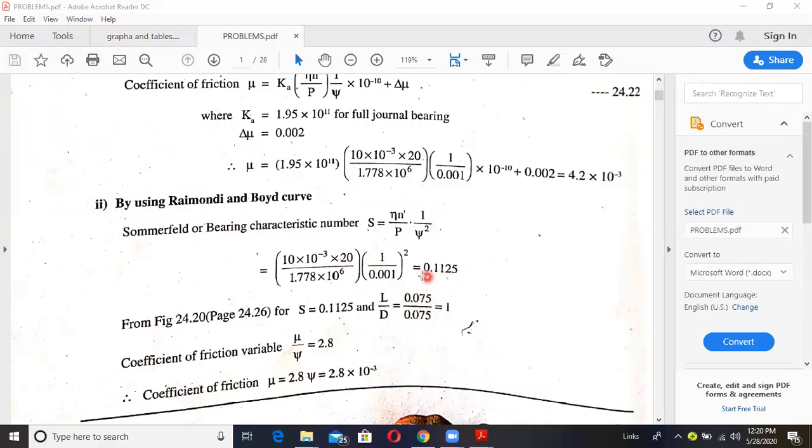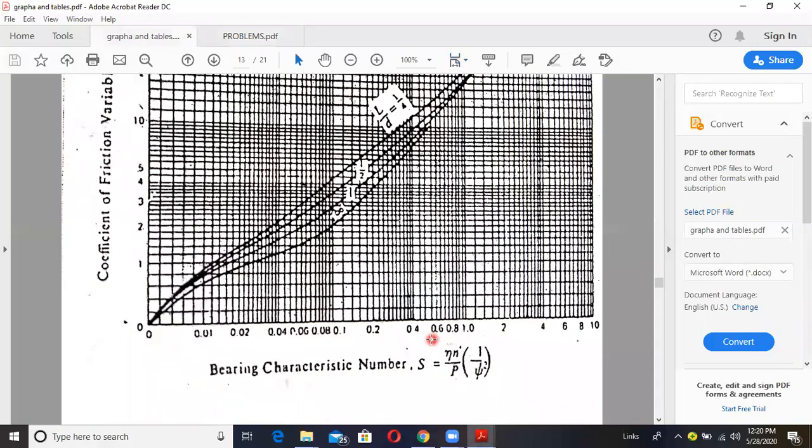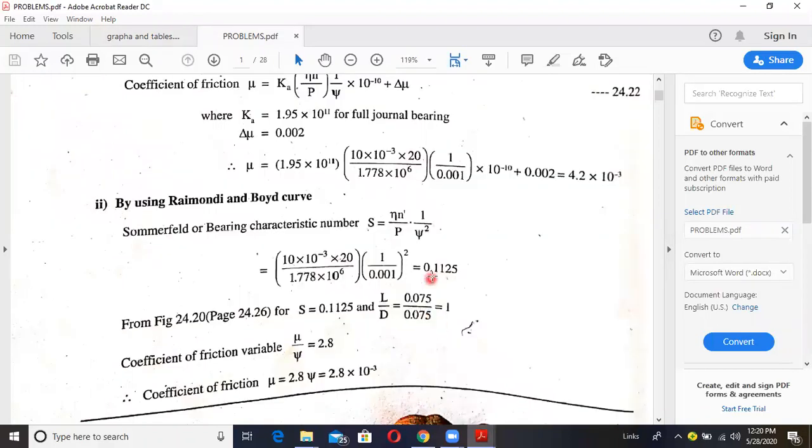Now we got S equal to 0.1125 and L by D equal to 1. Now if you refer to the table, we got S equal to 0.11, approximately 0.1.